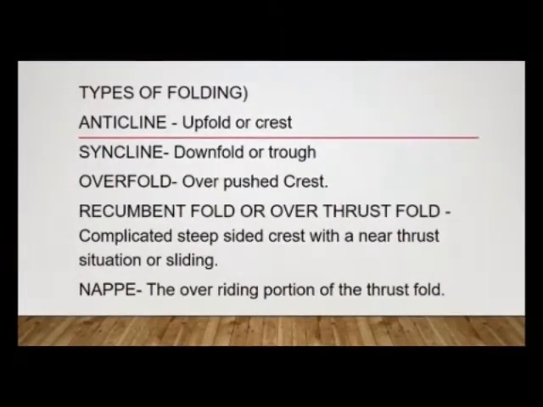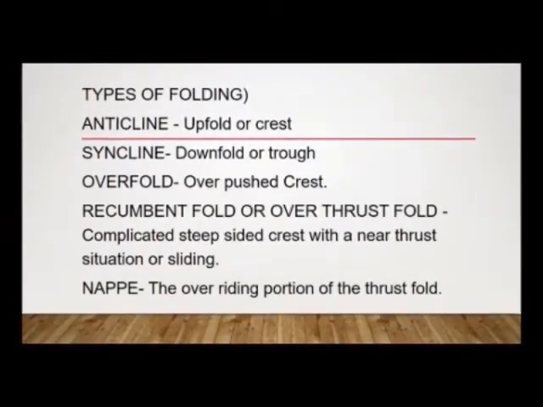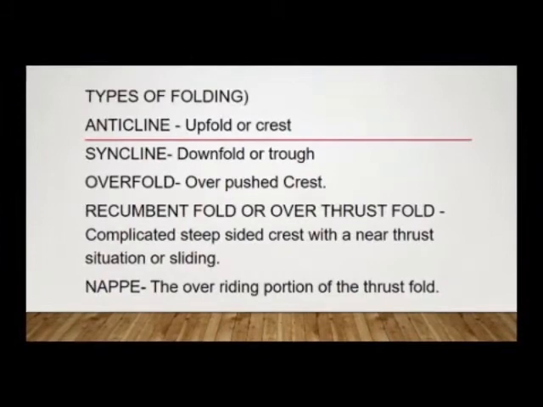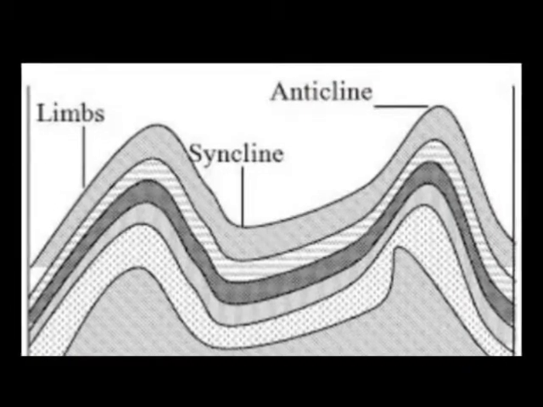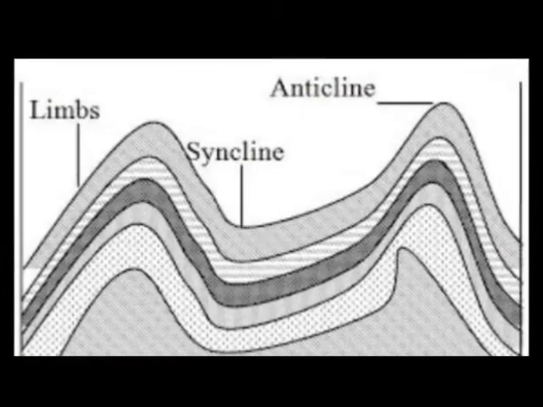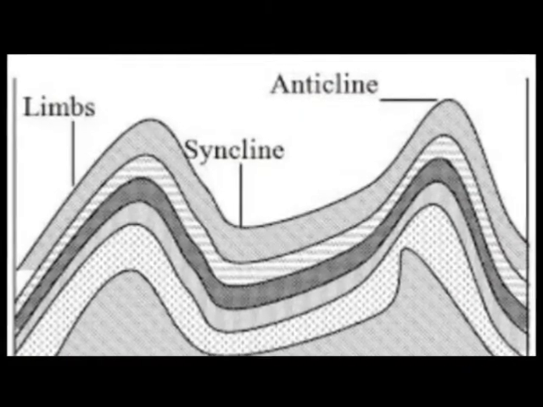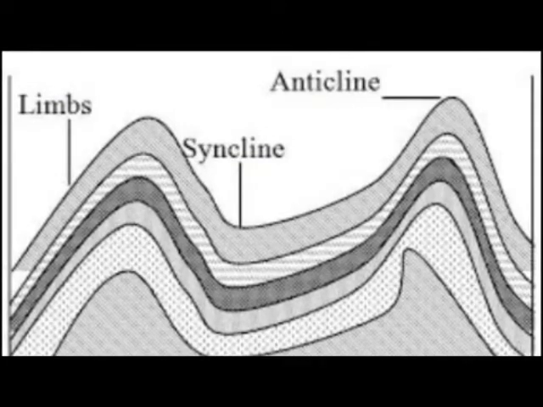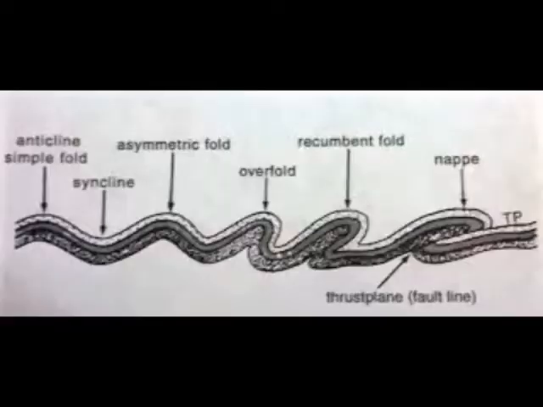The crust will form a kind of dome or a crest that is an upland form, while it will have an upland and adjacent lowlands or valleys that are U-shaped. Then apart from that crest that is called an anticline, we also have a downfold that is forming a trough like a U shape. That one is called a syncline.